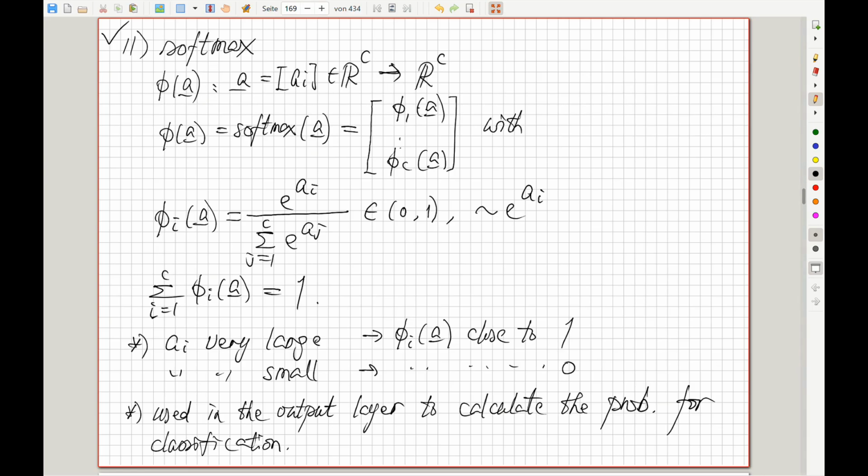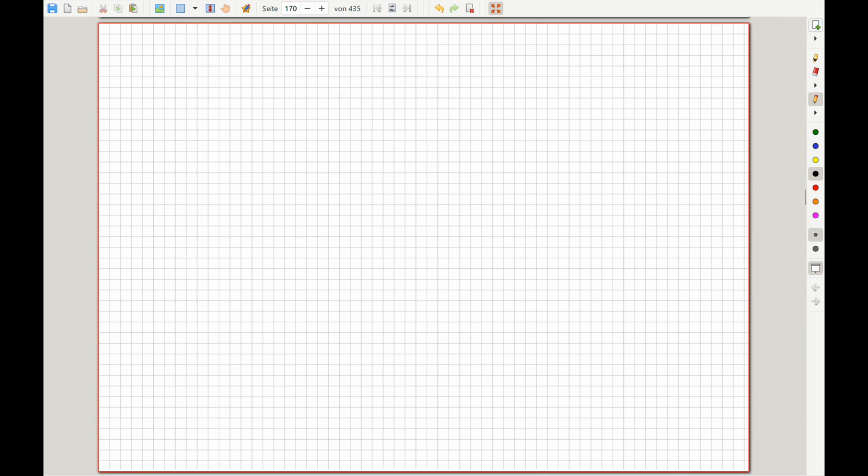And finally, the final comment is that by using softmax, we actually perform a nonlinear normalization of the input vector A. The elements of A can be positive or negative, and they have no physical interpretation.